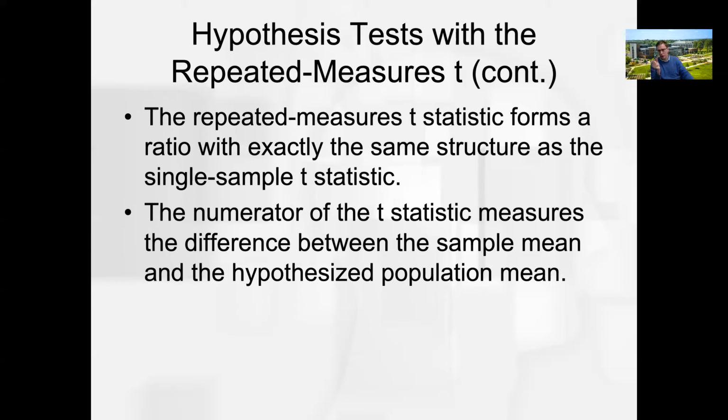So again, the bottom of the ratio, just like with the single sample t-test, is going to be the standard error, right? It's going to be represented a little bit differently than we've done so far, but it's going to be the same conceptual way of calculating the standard error as with the single sample t-test. So again, your t ratio is going to be your obtained difference divided by the standard error.